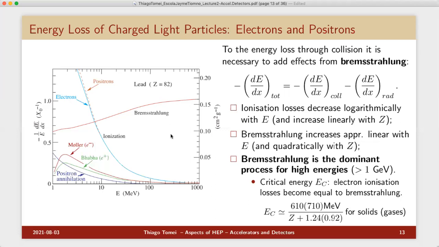And if you compare the two, from the Bethe-Bloch formula it turns out that the ionization loss decreases logarithmically with energy, but increases linearly with the Z of the material. The bremsstrahlung, on the other hand, increases linearly with energy and goes quadratically with Z.